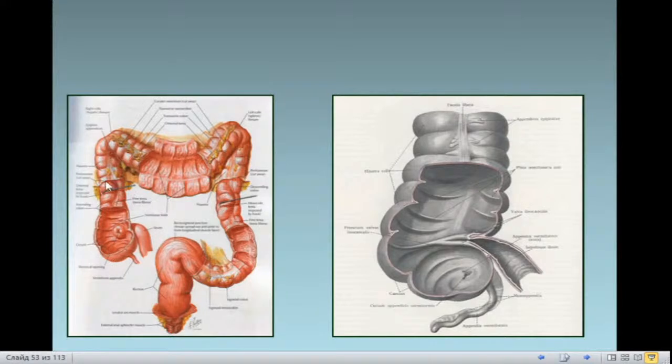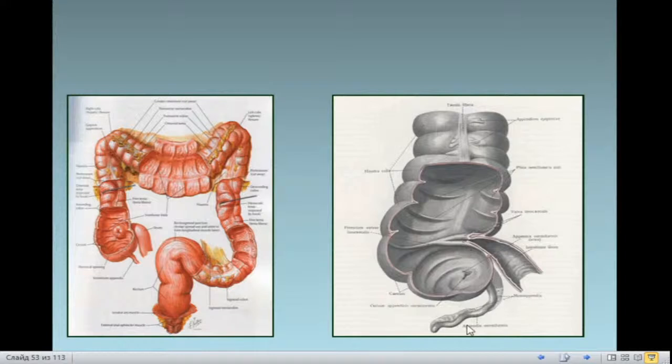In this cecum, we can find the appendix, which is a small process herein. The main function of it is to be the store of the intestinal bacteria necessary for feces formation, necessary for producing vitamins.